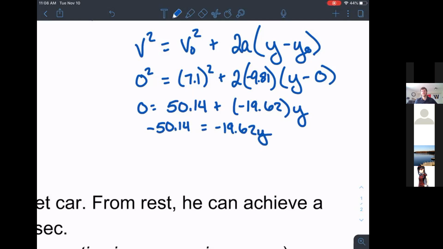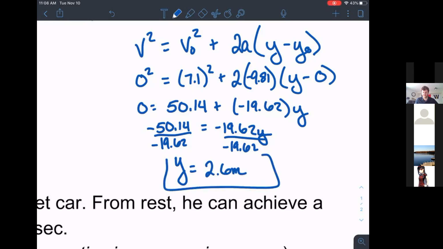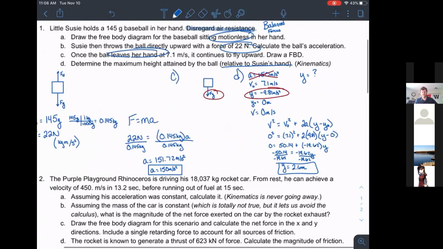And then what? Divide by 19.62. All right. And if I divide by 19.62, I get y equals what value? 2.6. All right. Any questions on this problem? Problem 1.